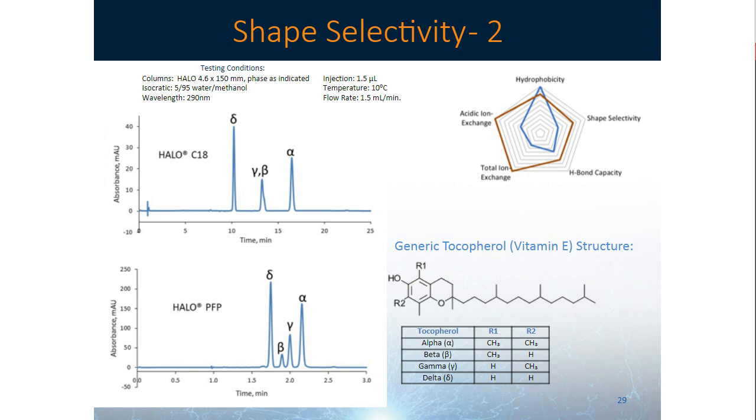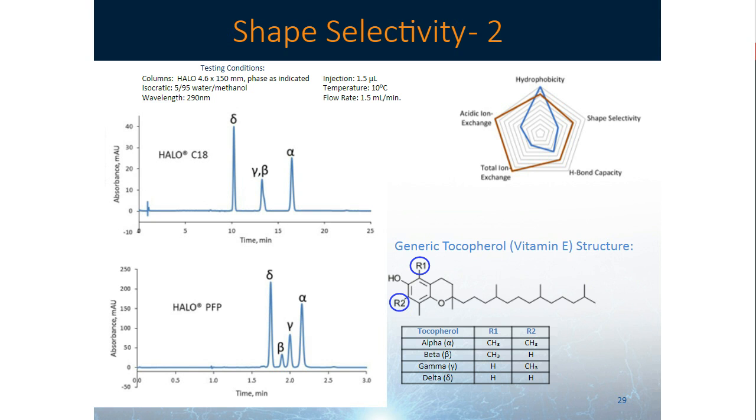So we're looking at tocopherols, like I said, and in terms of the R1 and R2 groups, you have methyl groups at R1 and R2 for alpha tocopherol, a methyl group at R1 for beta tocopherol, a methyl group at R2 for gamma tocopherol, and no methyl groups for the delta.